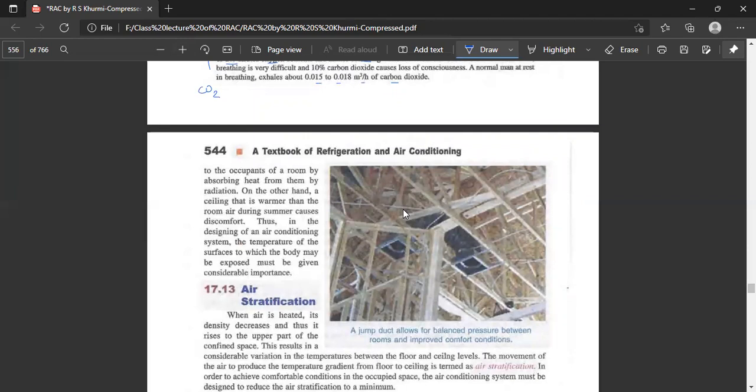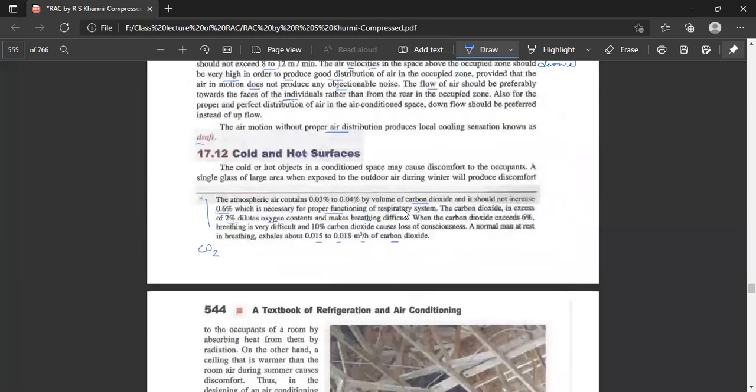Now, the occupants of a room lose heat by radiation to cold surfaces. Either very cold or very hot objects in the conditioned space may cause discomfort. A single glass of very large area exposed to the outer air during winter will produce discomfort to the occupants by absorbing more heat from them by radiation.